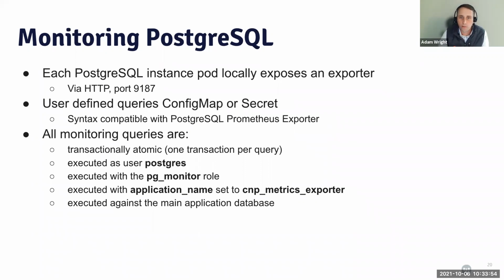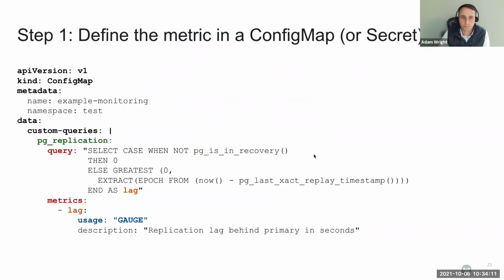These are user-defined queries that are stored in a config map, and then those go along with your custom resource deployment. Here are some details about how the monitoring queries are executed as Postgres with the pg_monitor role, and then we have the application name set to cnp_metrics_exporter.